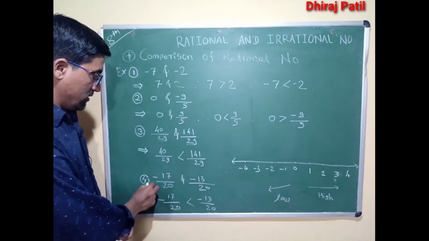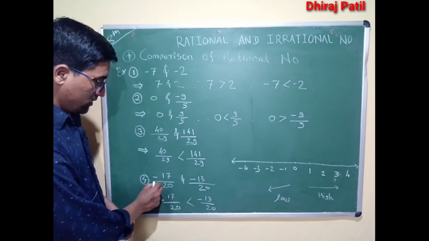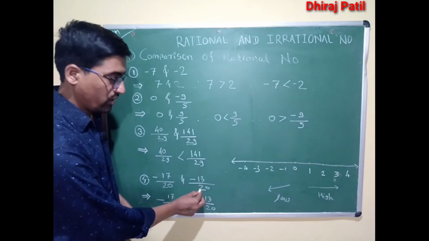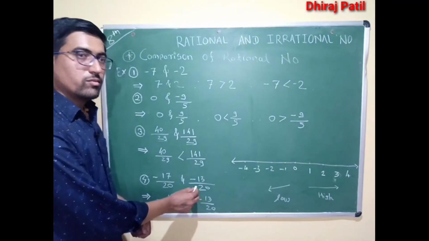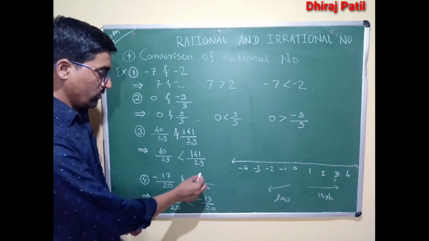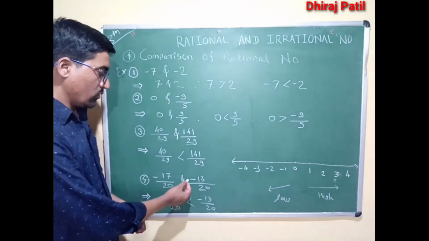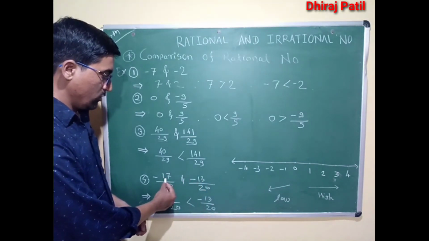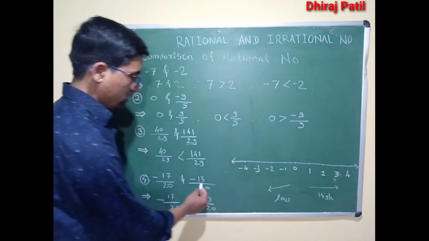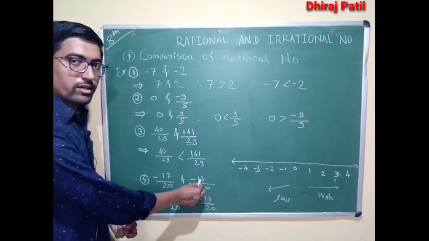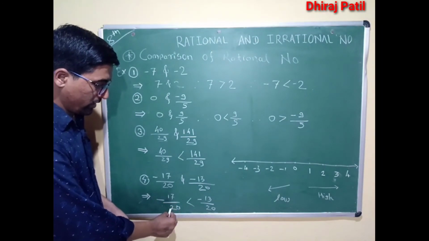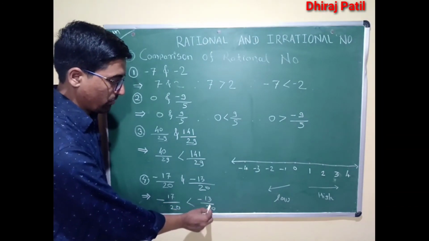Similarly, for example, minus 17 by 20 and minus 13 by 20. Here it is also the same, only the minus sign is present, but our denominator is the same. Using rule 1, we only compare the numerators, and by our number line, minus 13 is always greater than minus 17. So we directly say that minus 17 by 20 is less than minus 13 by 20.